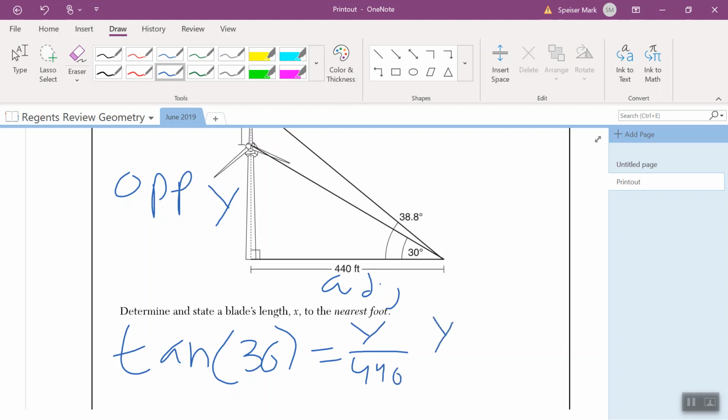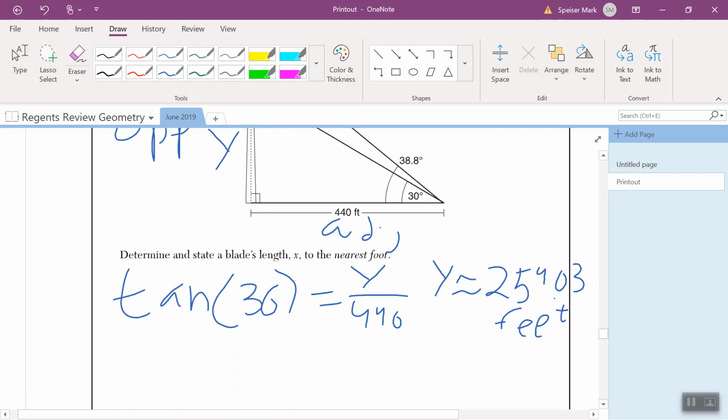Cross multiply, get Y is approximately 254.03 feet.